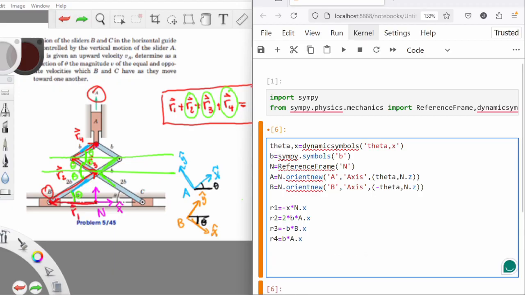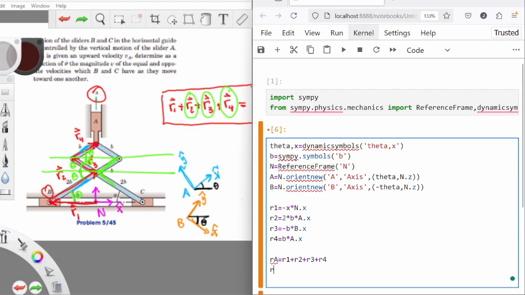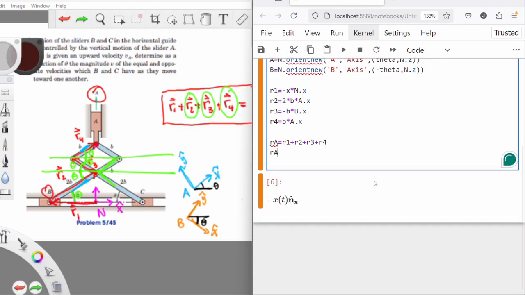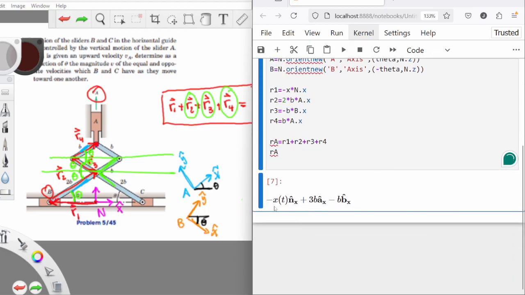Now if we sum all the vectors R1 plus R2 plus R3 plus R4, we are describing the position of A. Let's see how A looks. That's the description.